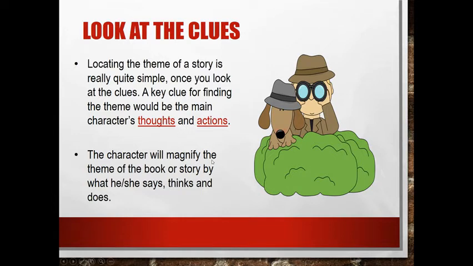The character will magnify the theme of the book or story by what he or she says, does, or thinks. So you'll be able to clearly identify the theme of a selection if you focus in on what the main character says, thinks, and does.